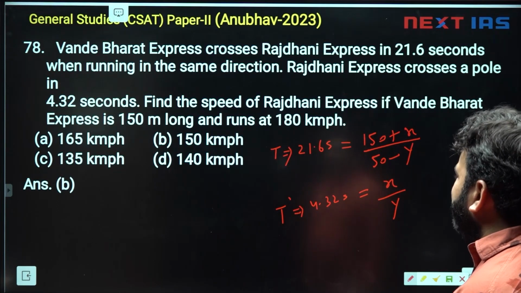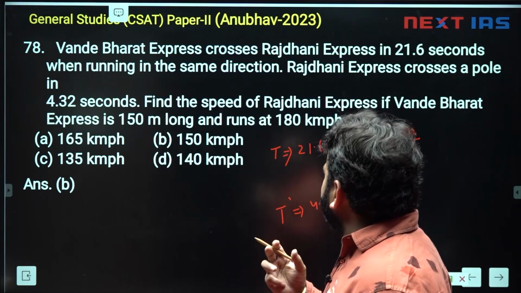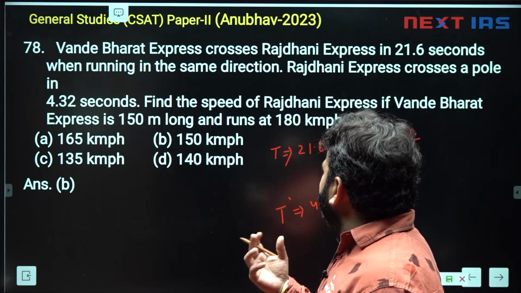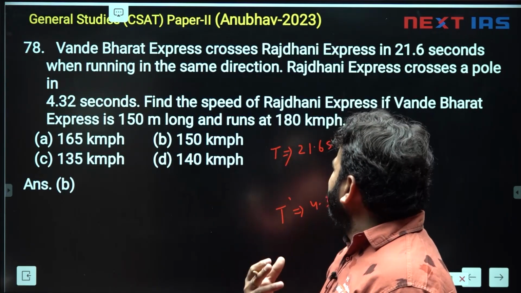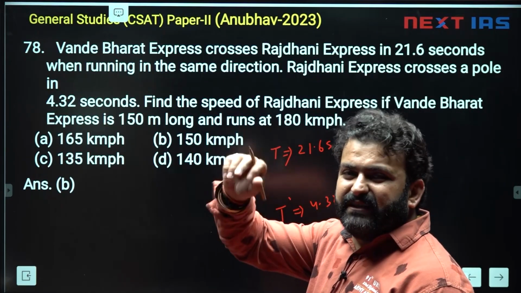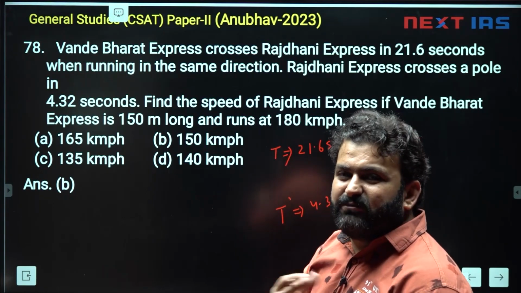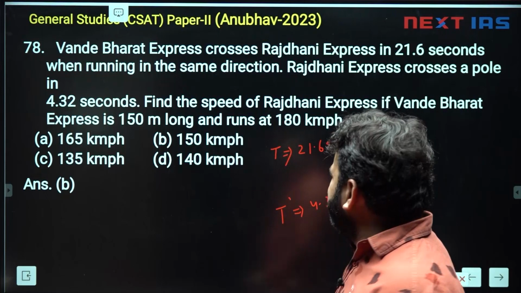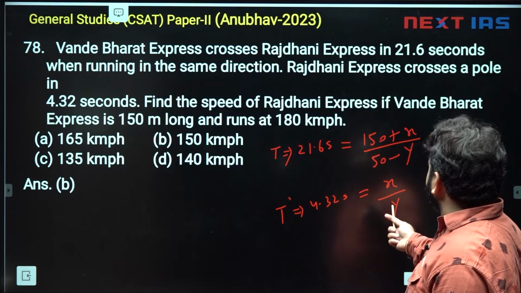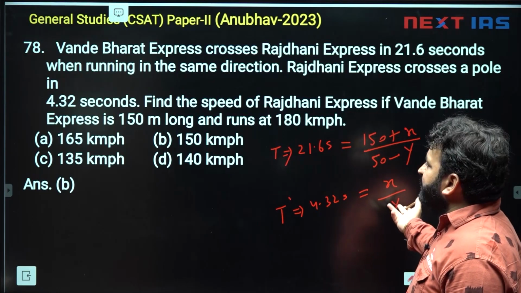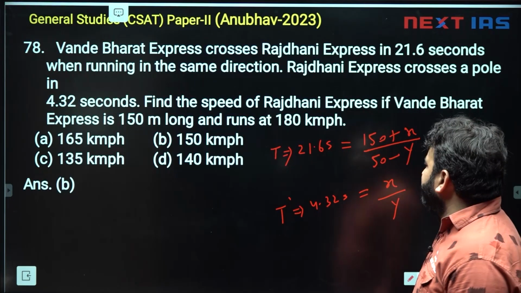Now look at the hint in the question: the differences are like 5, 15, 30, 45, so only 30 will remain, and divisibility will be easier. Divisibility by 5 and by 18 will be comparatively easier. So you just calculate and solve it, and you will get the speed in meter per second, and then you convert it into kilometer per hour by multiplying by 18 by 5.